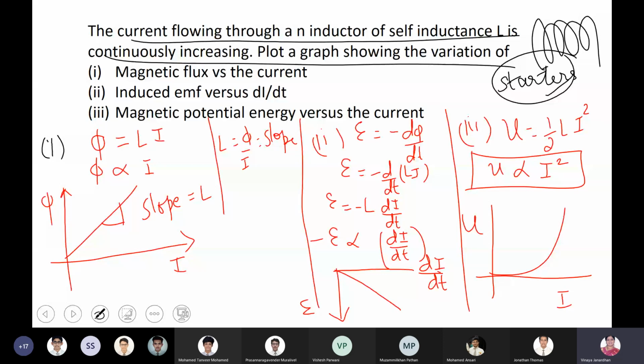Boys, complete this. Once you have completed, let me know, boys.